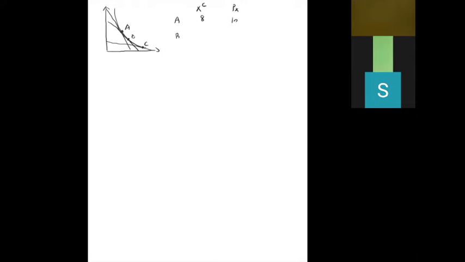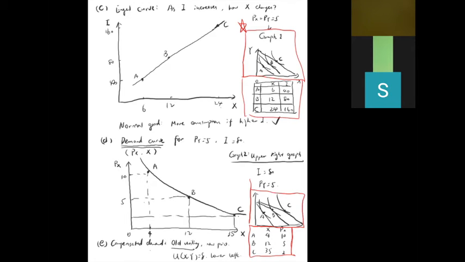And then moving to point B, if price decreases to 5, then the compensated demand to reach U equals 8 will be 12. And then at point C, the price of X becomes 2, and the compensated demand becomes 25. So we need to mark 8, 12, and 25 in the previous demand curve.